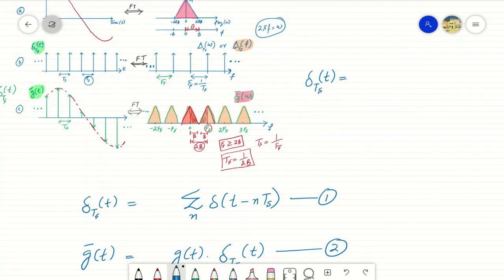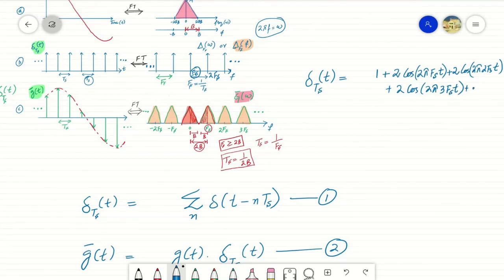For example, the impulse positioned at zero frequency can be represented by a constant number, while the impulse positioned at frequency fs, for example, can be represented by a sinusoid, for example 2 pi fs t. Plus, the impulse positioned at 2fs will be represented by another sinusoid with frequency of 2fs. And so on, the impulse positioned at frequency 3fs will be represented by a sinusoid where the frequency of the sinusoid will be equal to 3fs.